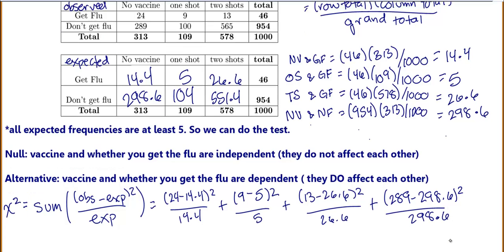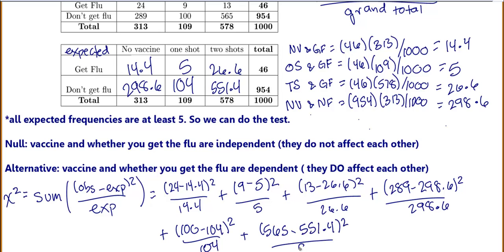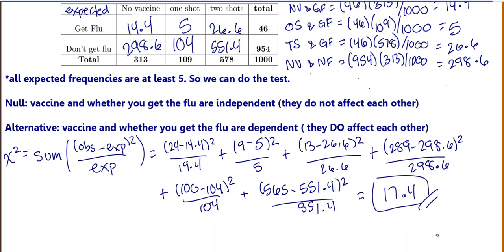Once again, make sure you're dividing by the expected value, plus, let's see, 100 minus 104 squared over 104. And our last is we had an observed of 565 and an expected of 551.4. So this gives me 17.4. Make sure at this point you try it on your own calculator and then you can get the same answer as I do.